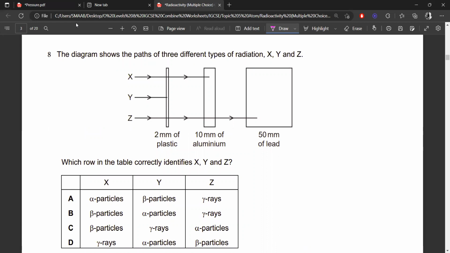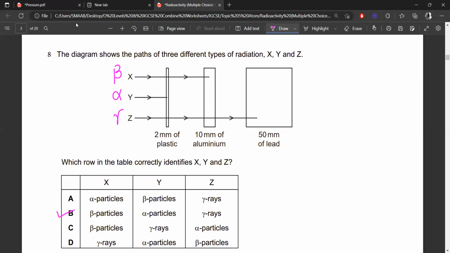Which radioactive particle has the greatest penetration power: alpha, beta, or gamma? Gamma. So basically Z is the gamma ray, Y is the alpha, and X is the beta, right? Yes. So that is B.